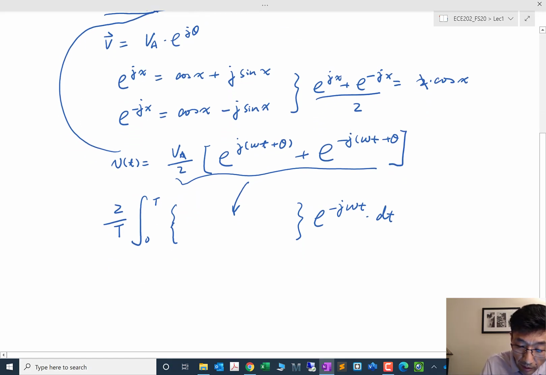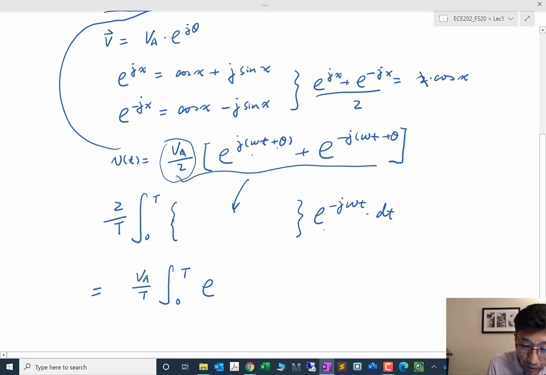And then we can multiply this out. So let's do another step. I can factor this out because this is a constant, so I get VA over T, integral from 0 to T. And multiplying out, we got e to the j omega t plus j theta minus j omega t, which gives e to the j theta, because the j omega t and minus j omega t are canceled, and plus e to the minus 2 j omega t minus j theta.